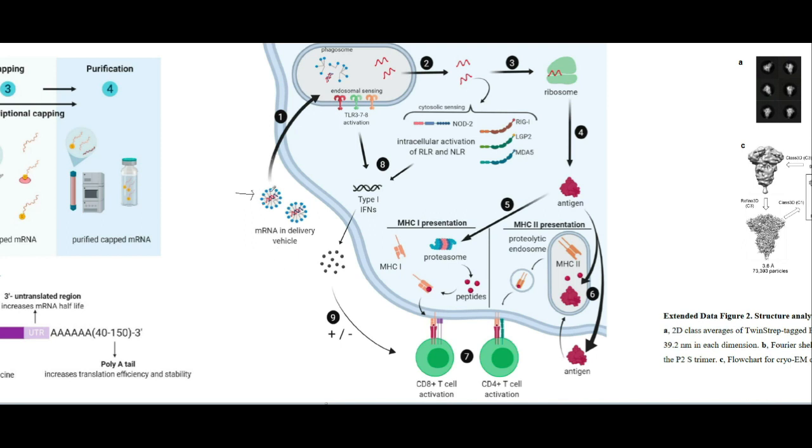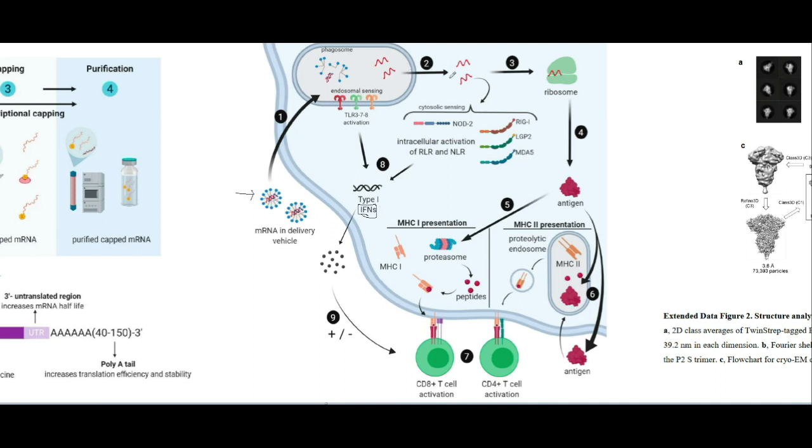And so the white blood cells will find these, they'll take them up, they'll recognize this as an mRNA using these endosomal sensors, which then will start telling the white blood cell to start producing these interferons, which are our body's immune chemicals against viruses.